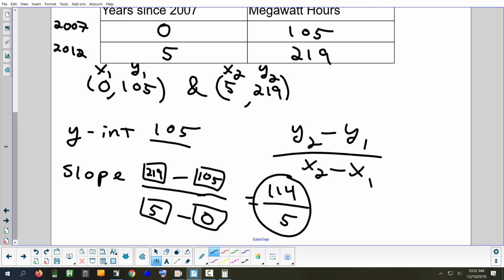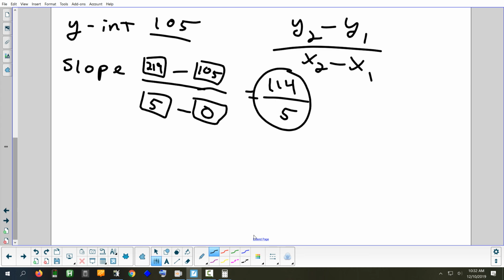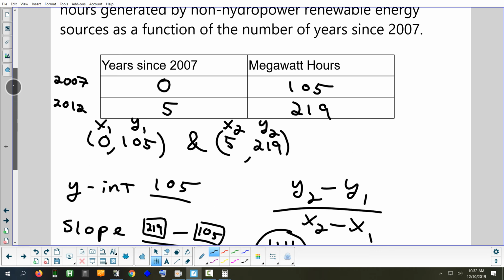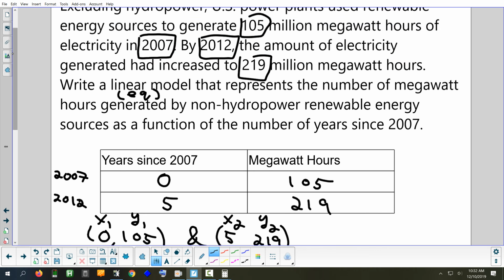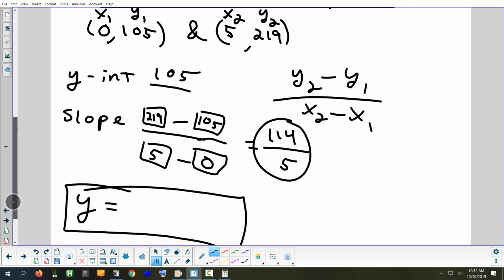Now we can check if 114 is divisible by 5. If we get a decimal, no, it isn't. So we're just going to leave it as 114 divided by 5. That's my slope. So the directions in the problem said write an equation. Now we just have to write the equation. What's my slope?